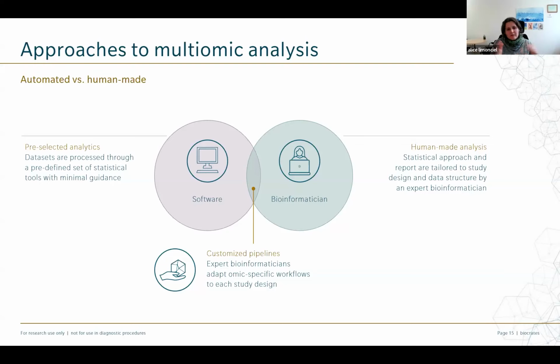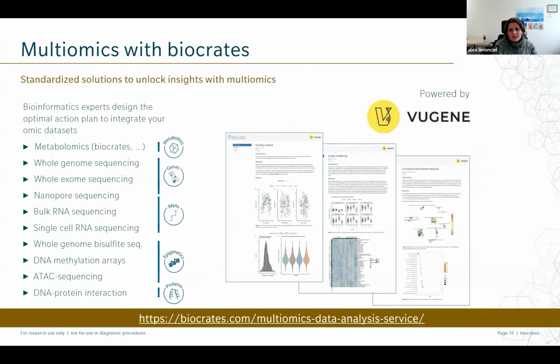By building those pipelines, you can considerably reduce the time needed for the humans to work on it, and then you can spend the time curating the results and making sure that everything is in line. This is the type of multiomic analysis that we offer at Biocrates with the support of Viewgene. Viewgene is a company that we will hear more about in the next talk.